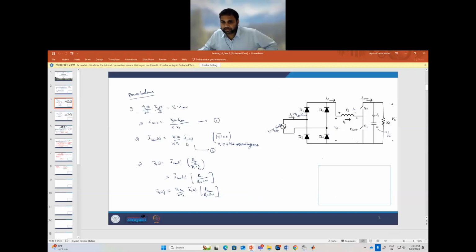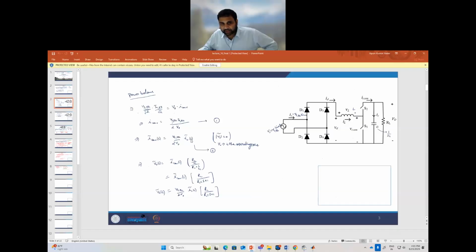Whenever there is a change in the IL magnitude, it will directly get reflected in the I converter magnitude, because the moment S2 is on, this IL is nothing but equal to I converter.